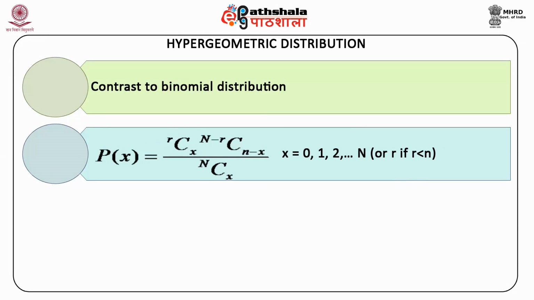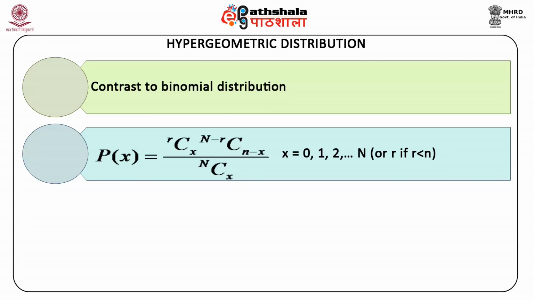The probability function for the hypergeometric distribution is P of x is equal to rCx multiplied by N minus r C n minus x upon NCn, for x varying from 0, 1, 2 up to n, or r if r is less than or equal to n, where N is the population size, r is the number in the population identified as a success, n is the sample size, small x is the number in the sample identified as a success.